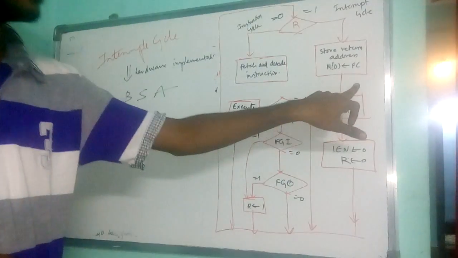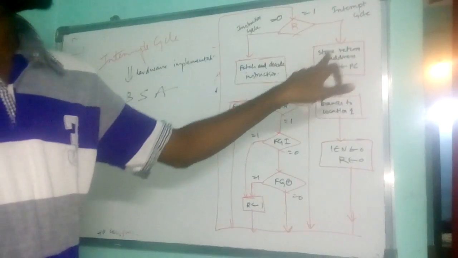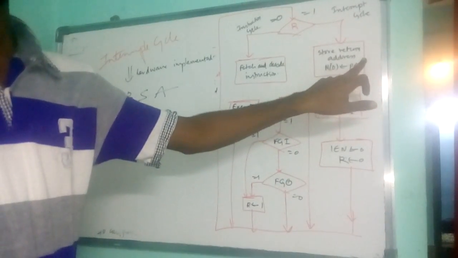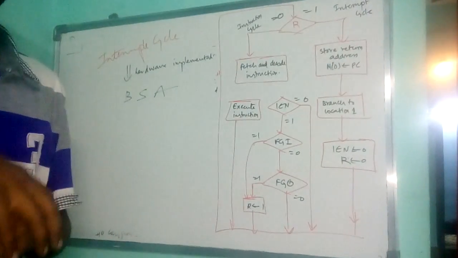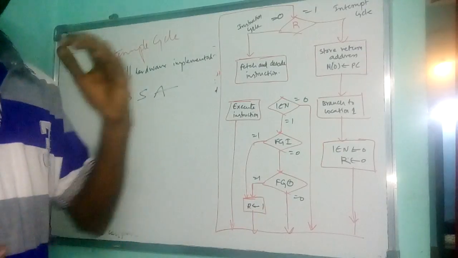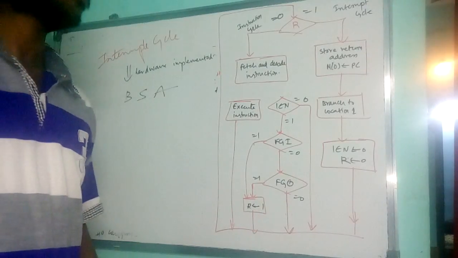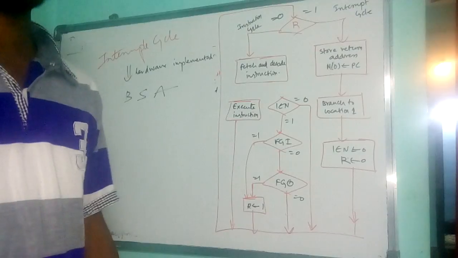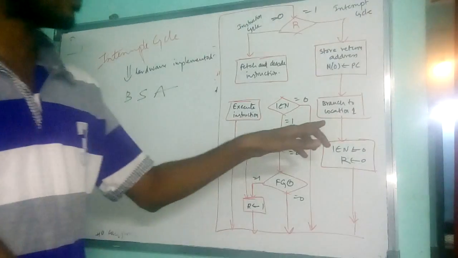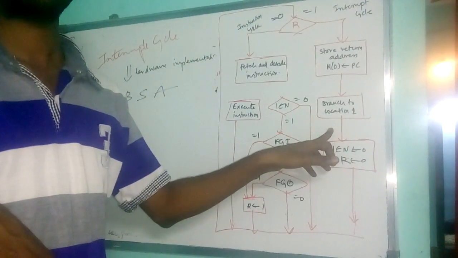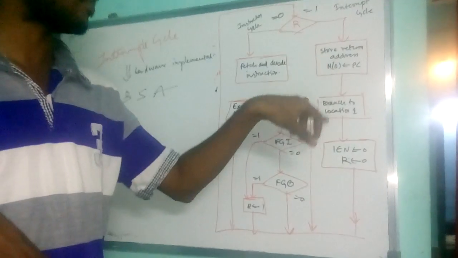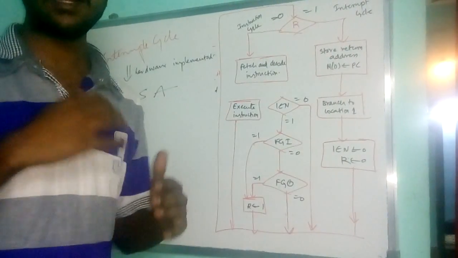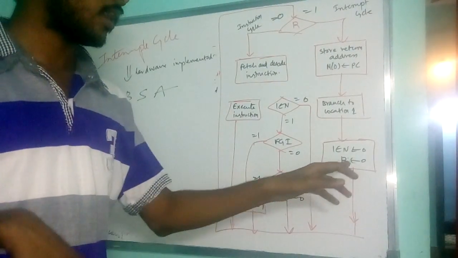That is what is shown here. Store return address: the PC is transferred to M of 0. Wherever the PC is, that memory location is stored in M of 0. After that, branch to location 1.